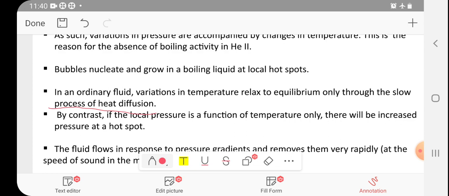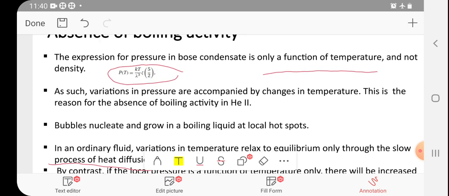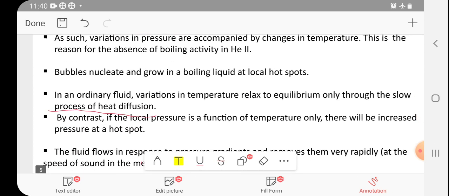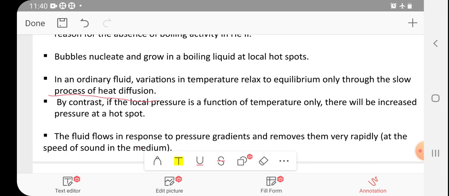By contrast, suppose the local pressure is a function of temperature only. I have already shown you the equation, that pressure depends on the temperature only. Then there will be increased pressure at a hotspot. It must be the case, because if there is high temperature, there will be high pressure.